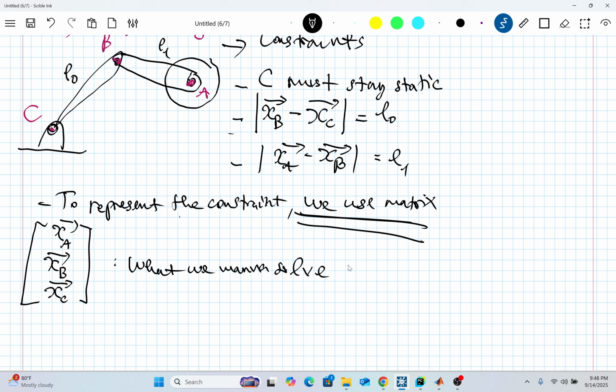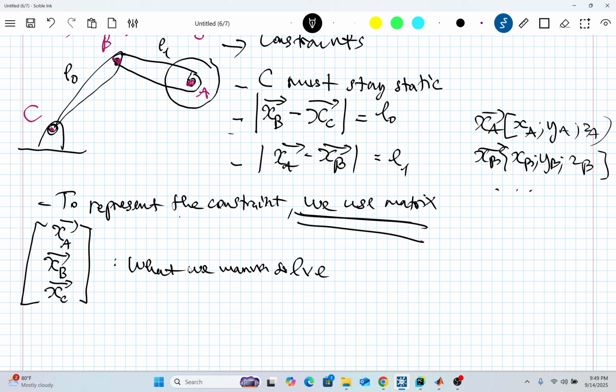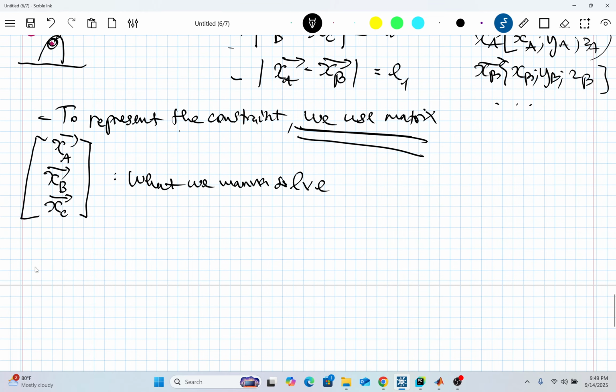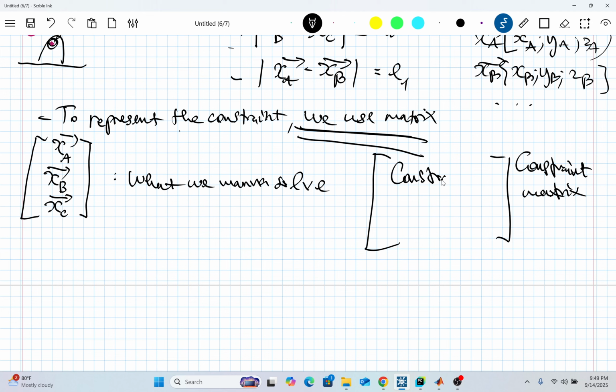And as you can see, each of XA will consist of 3 elements, right? It's going to be XA, YA, ZA, and XB is going to be XB, YB, ZB, and so on. So how can you solve this simultaneously? You will have a constraint matrix, and inside this matrix we will have constraint data.